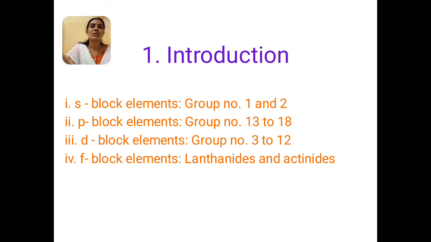D block, that is transition elements, consist of 10 groups from group number 3 to 12. And F block consists of two series, lanthanide series and actinide series. In this unit we are going to study in detail F block elements, and that too lanthanide series.